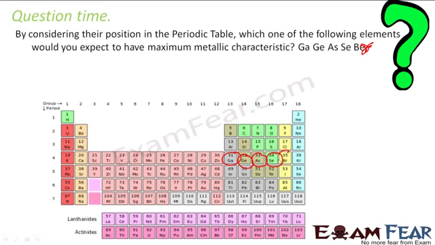So we know that the non-metallic character increases as we go from here to here, right? We explained that. So this one will be the maximum non-metallic, because non-metallic character increases as we go from left to right in the periodic table. And we've explained that.